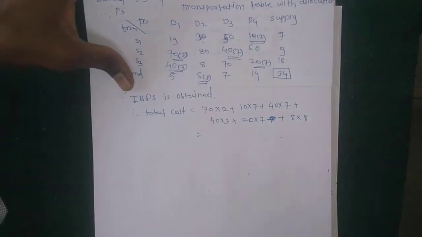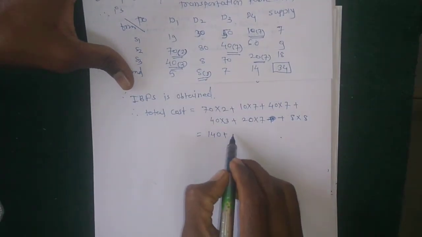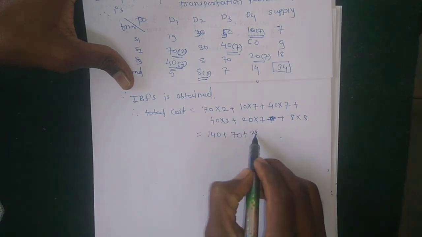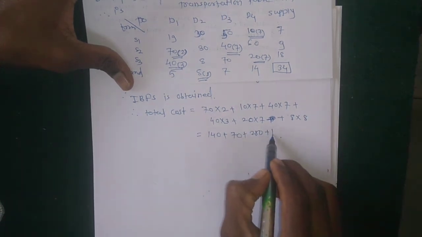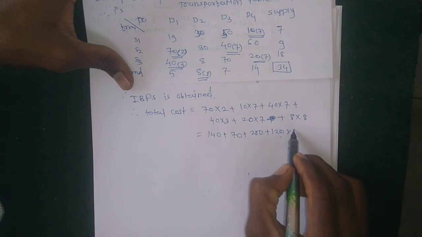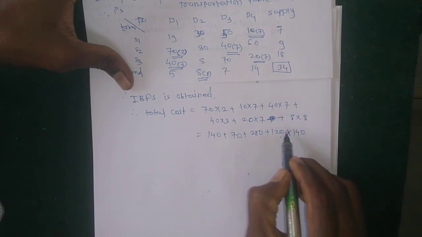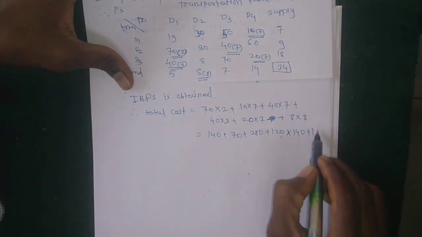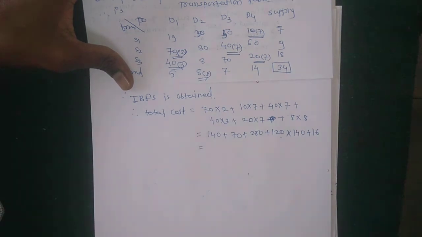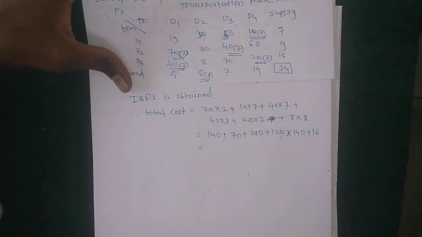So find their values: 140 plus 70 plus 280 plus 120, and then 140, then 16.